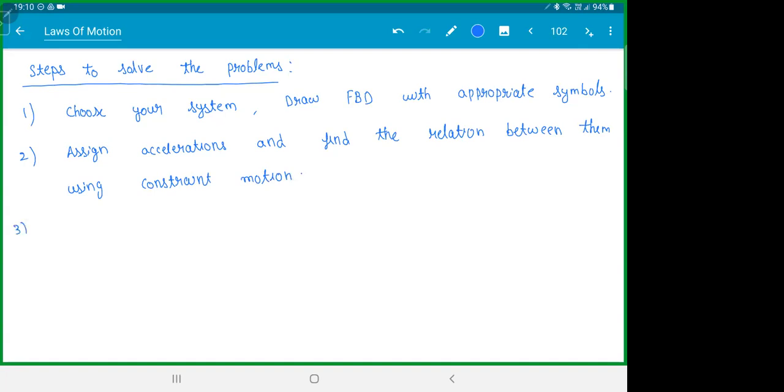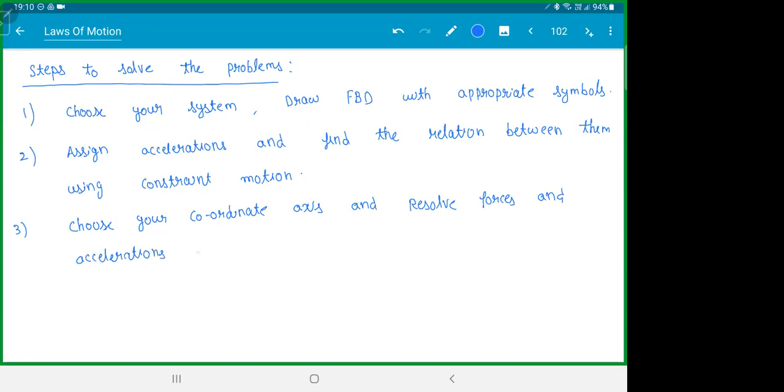Third, choose your coordinate system. Choose your X and Y axis, and resolve the forces and accelerations along them. This is vectors. Did you observe? You know everything. We just have to combine everything now. That's how you learn.